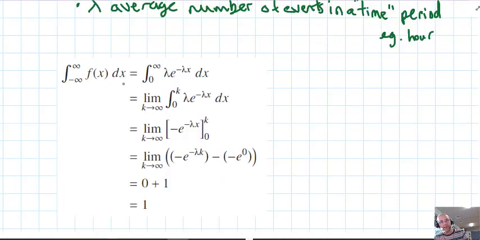Now, using a bit of calculus, including integration and limits, we can show the earlier point that to be a valid probability density function, the area under the curve has to equal 1, and we can see that we've applied calculus there. So we start with the general expression. Because this is non-negative, it starts at 0 there. This is not something you'll necessarily need to do yourself, but this is where it comes from, using the limit.